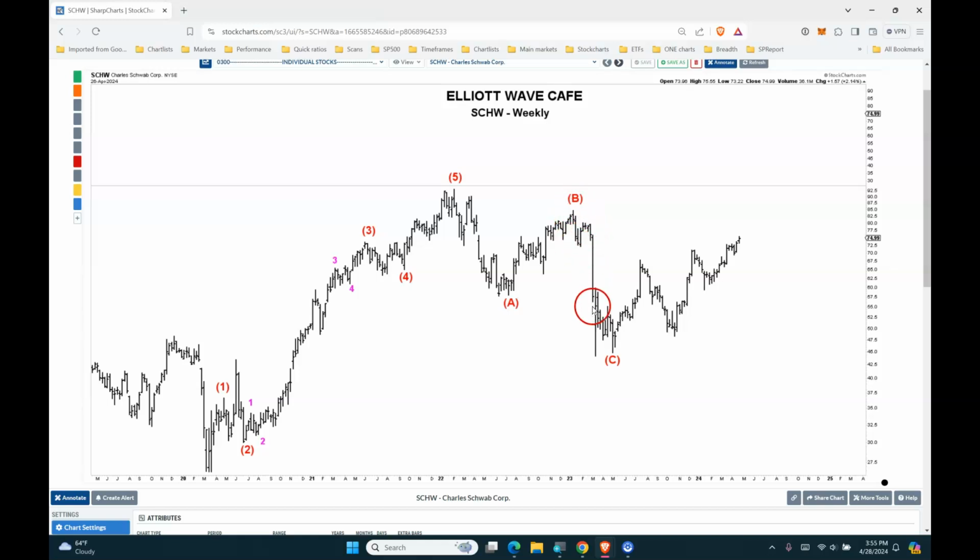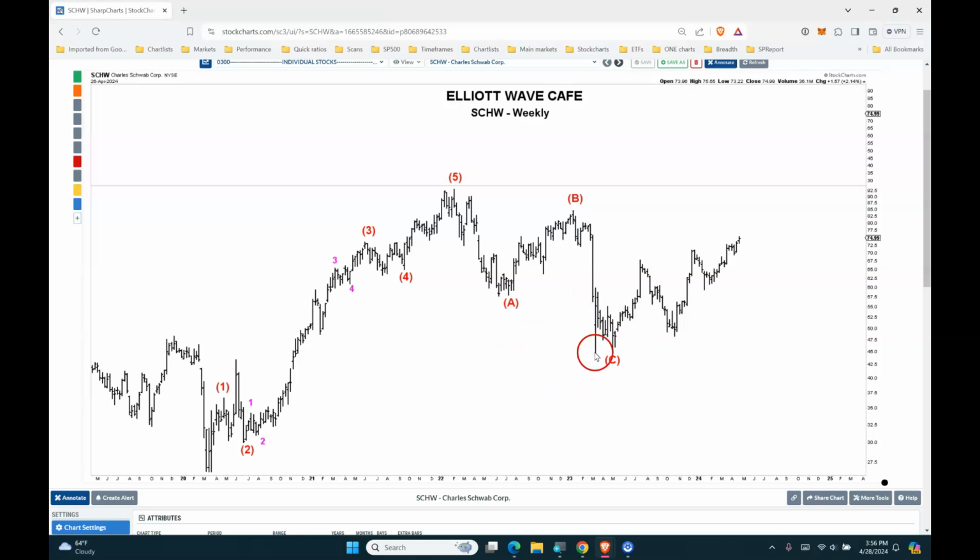You have 1, 2, 3, some kind of a triangle in a fourth wave right there, and then you sharp drop in wave 5 of C with a truncated wave 5, right? Because this was such a sharp drop, usually the market doesn't have enough strength to overtake this low, which creates a truncation. Most of the move was made into that pretty heavy decline from $80 to about 40. The stock got cut in half.